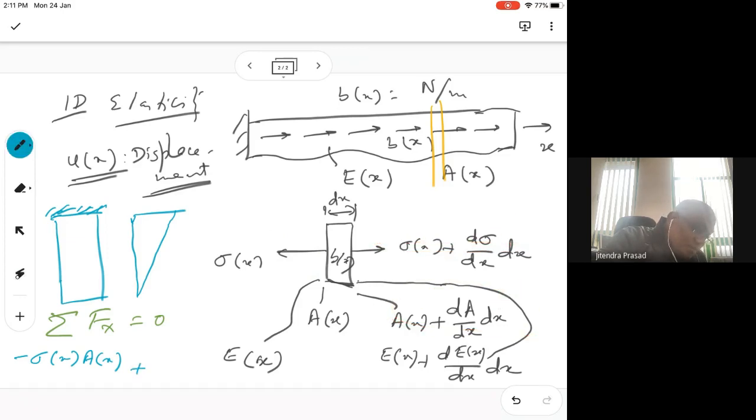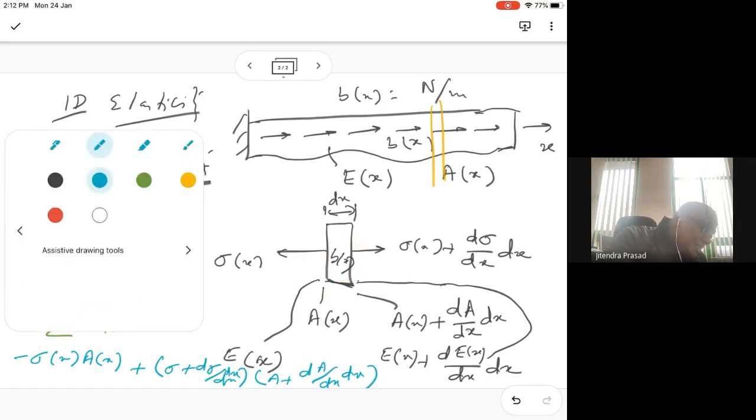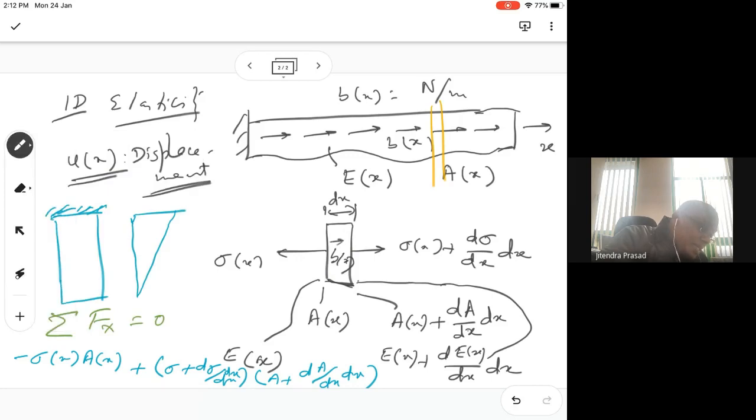So plus, we have sigma plus d sigma over dx multiplied by A plus dA over dx. So we got this multiplied by this minus this multiplied by this. Okay, and then we have this as well. The direction is in positive x direction, so we write that also.